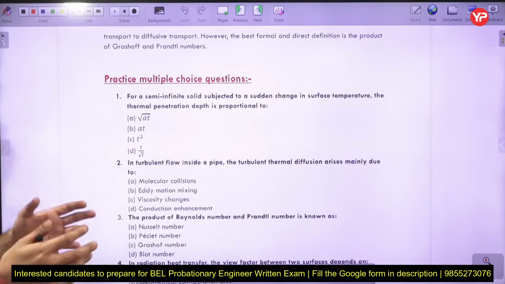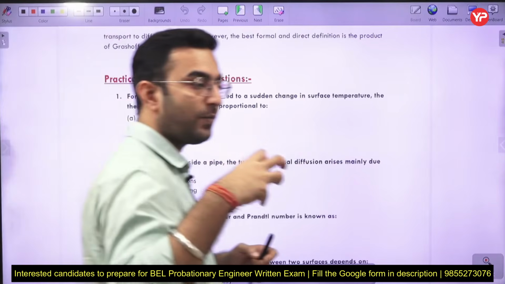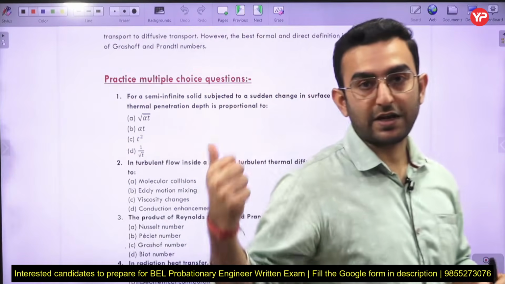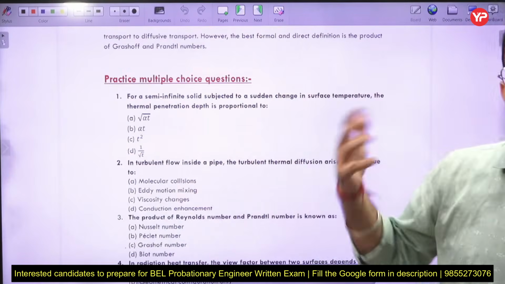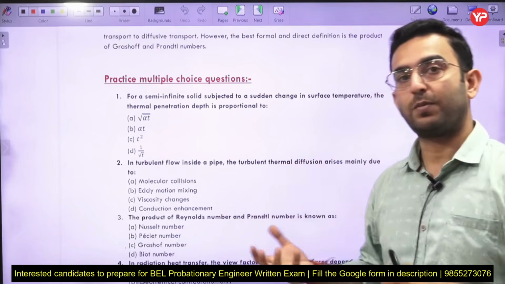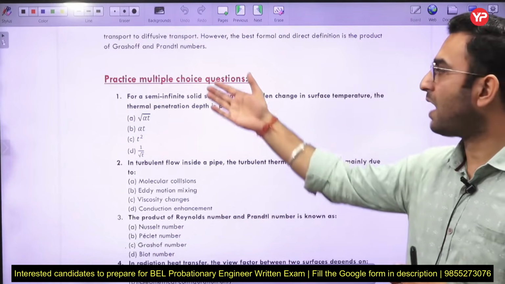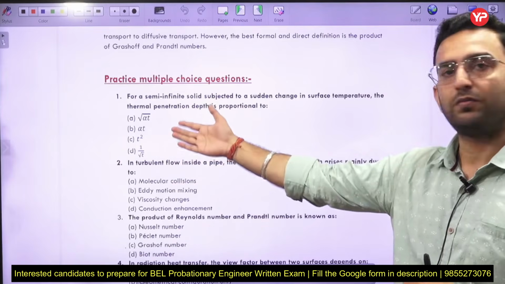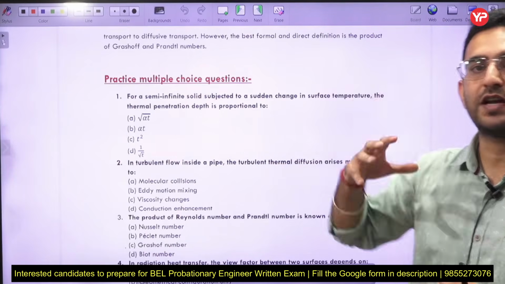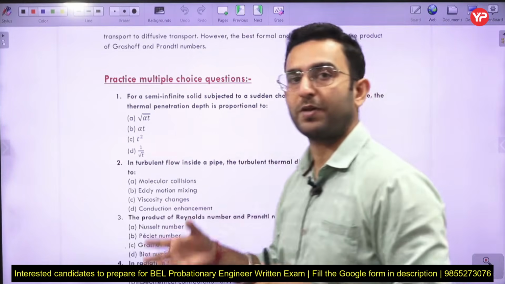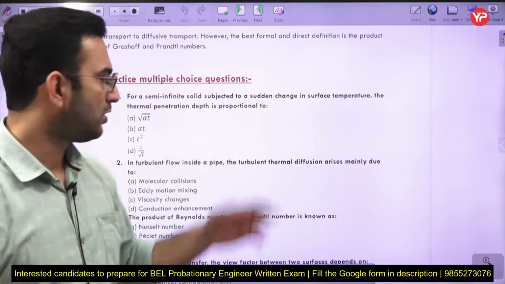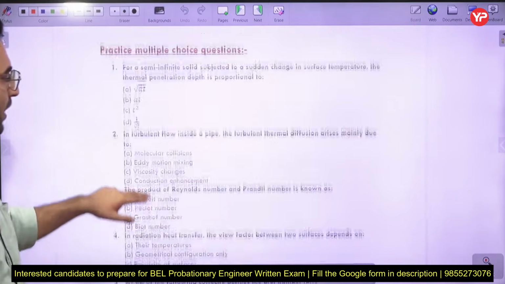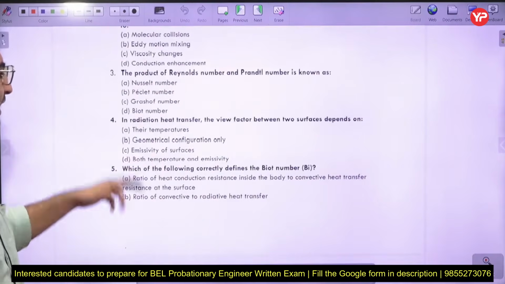Okay, so if you have a basic understanding of the Fourier number, Biot number, Rayleigh number, Peclet number, Nusselt number, Grashof number, and their physical significance, you can mark the answer very easily. Okay, this type of understanding is required in all the subjects of mechanical engineering. Now, these are some of the questions you can go through, they are very simple.